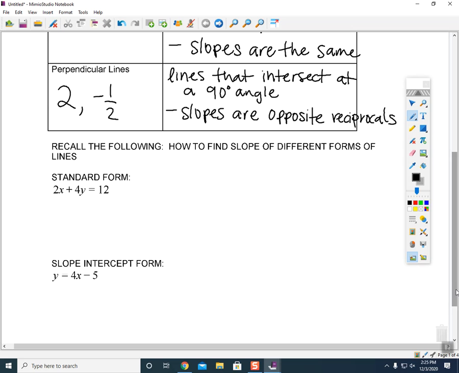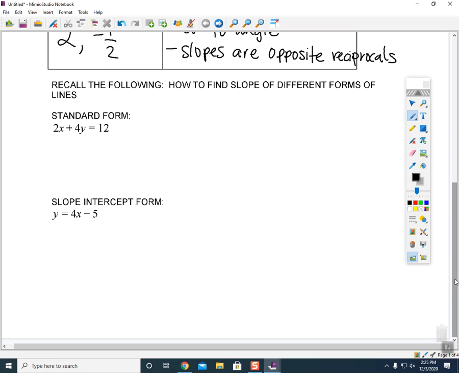So we talked about standard form a little while ago. With parallel and perpendicular lines, one of the most important things we look at is the slopes. So we care about slope. Standard form, if you remember, is ax plus by equals c.